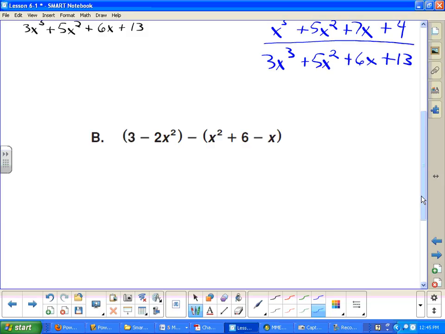So we'll start with the first parenthesis. What's the number in front of the first parenthesis? Positive 1, right? So when I distribute positive 1, is it going to change anything? No. So we drop the parentheses and just write it in standard form. Negative 2x squared plus 3.